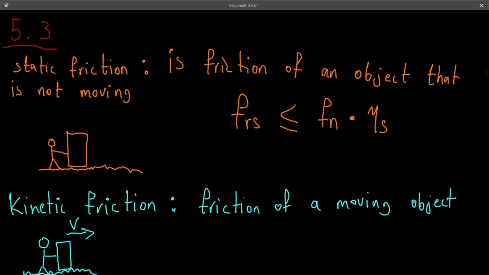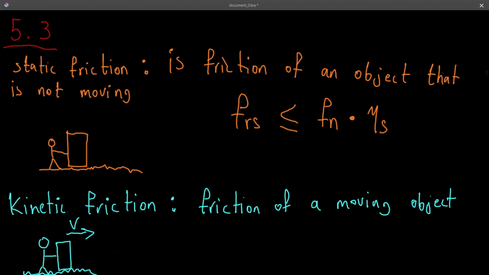Now what is mu s? Mu s is the coefficient of static friction. It's just a number that tells you how rough your surface is. This is usually something that you will either find given or you will be asked to derive mathematically. Like they'll give you friction, for example, and they'll give you the normal force and they'll ask for the coefficient of static friction. We'll solve some exercises on this.